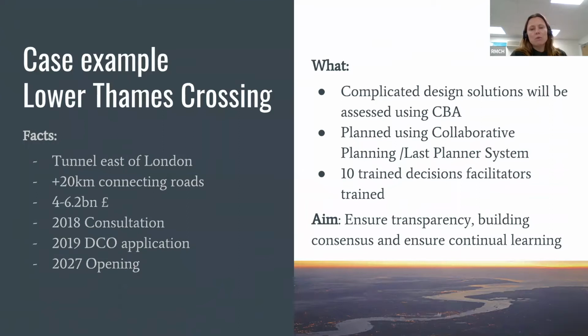So what we started doing on the project was to start CBA for complicated design solutions. It could be that we can make, for example, an embankment or a viaduct on a certain part of the project, and then we have to decide which one was the best. And it became quite clear that it was quite a good method to have a cross-disciplinary discussion around some of these things.